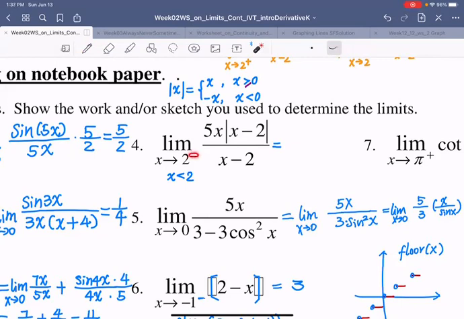When you have this approaching from the left, this whole package becomes negative of x minus 2. So we want to write down here the limit as x approaches 2 from the left. This is 5x, and then this is 2 minus x.